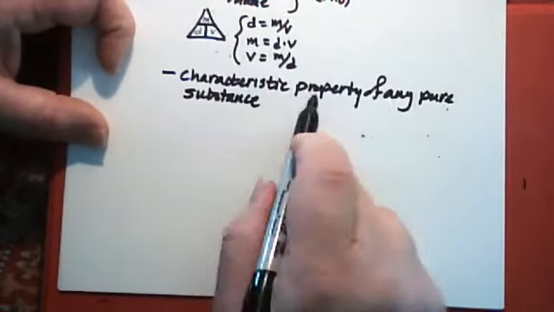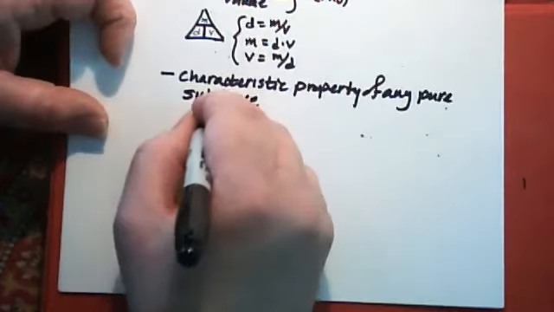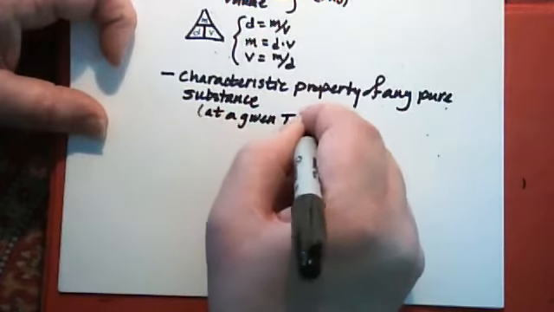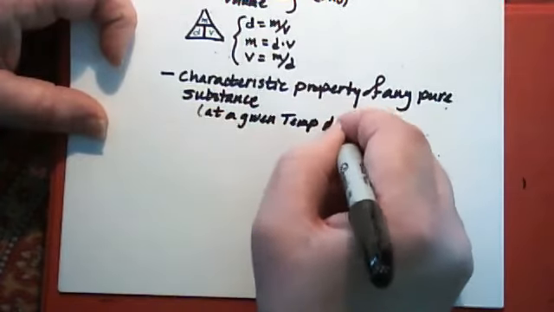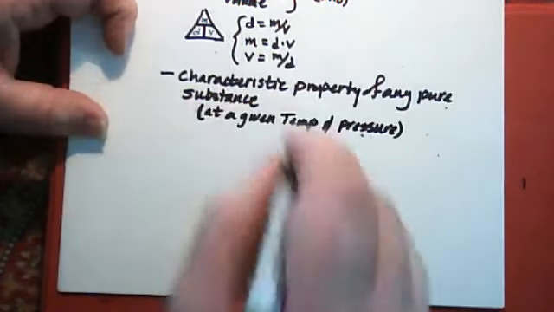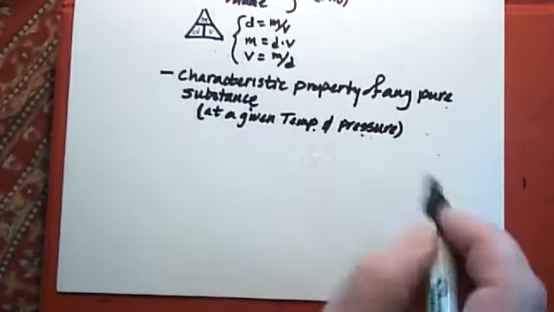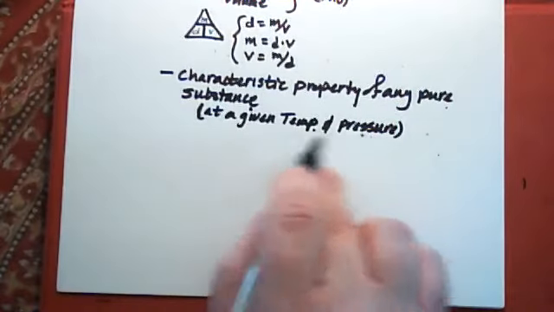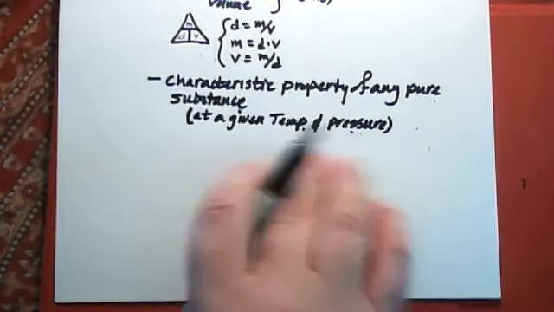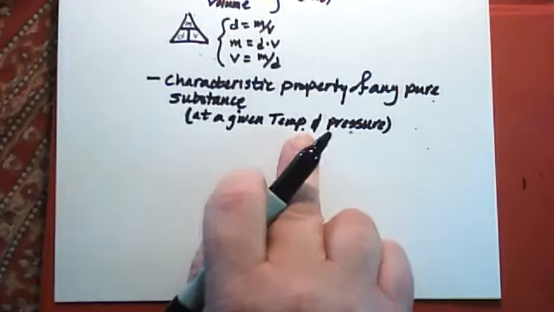And it turns out that density is a characteristic property of any pure substance. Now, for various substances, it may be necessary to make sure that you're measuring at a certain temperature and pressure, because temperature and pressure can have an effect on densities, especially for liquids and gases, but also a little bit for solids.